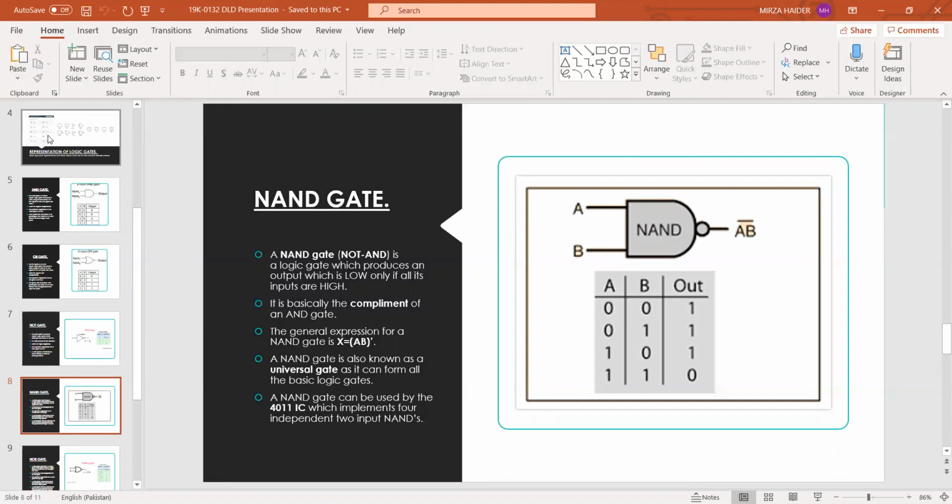And if we are to observe the truth table, we can see that it is exactly the inverse of the AND gate. It will display high outputs only if there is a single low input, and it will only show a low output if both of the inputs are high.